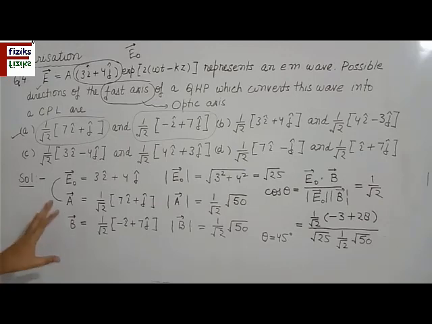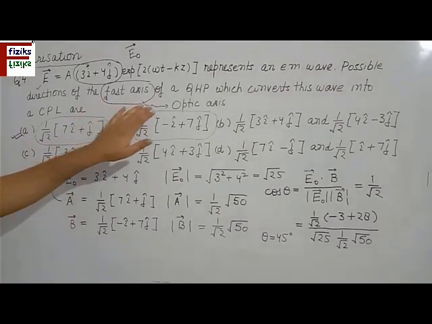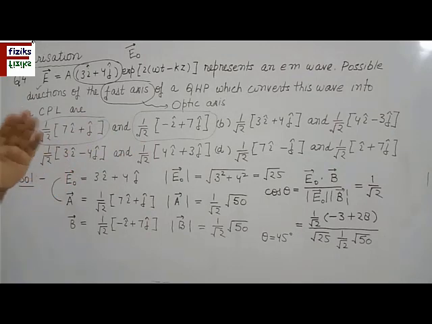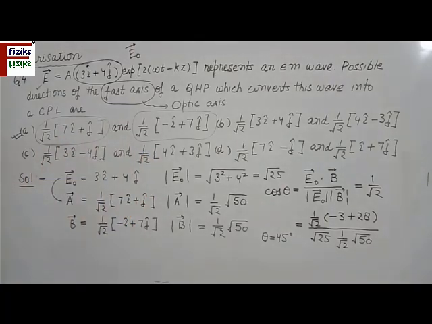In this way you can find the correct option. Here we have used the concept that the optic axis makes an angle of 45 degrees with the electric field of incident plane polarized light if on the emergent side we are getting circularly polarized light. So option A is correct here.